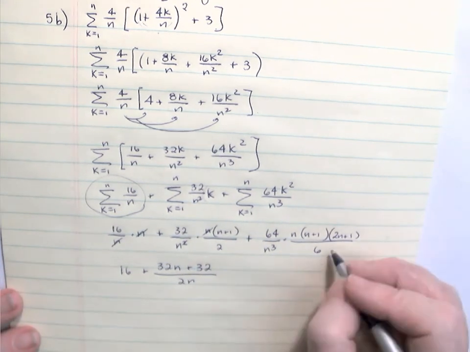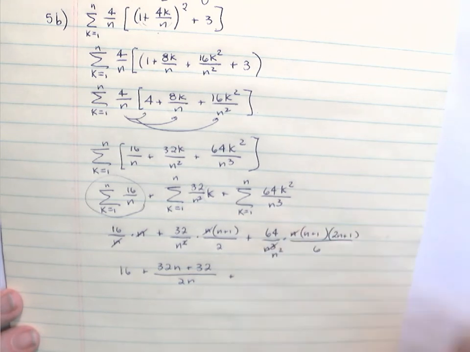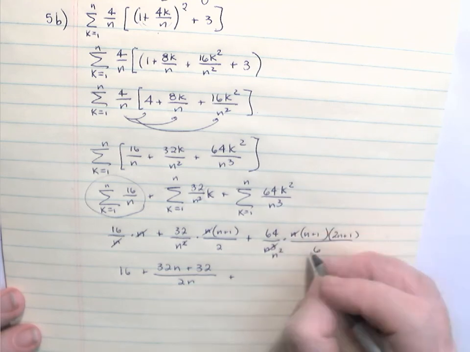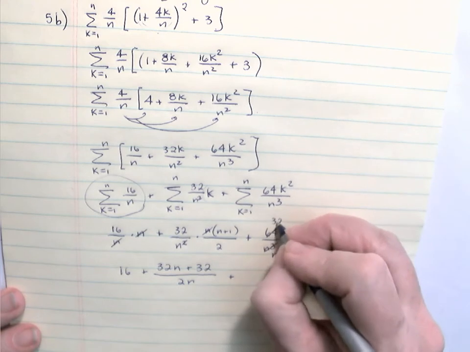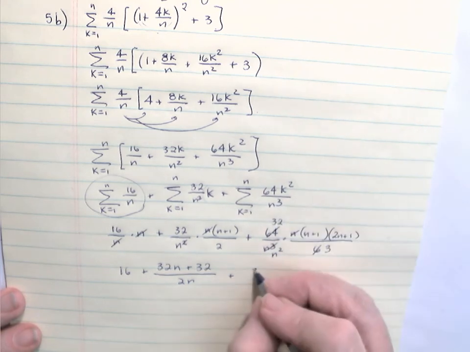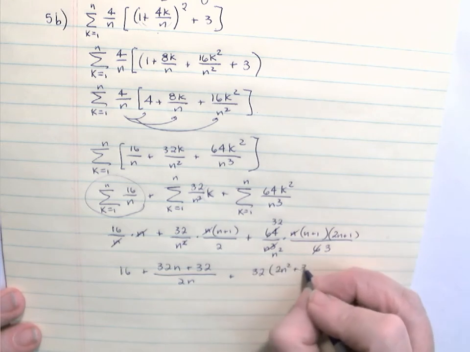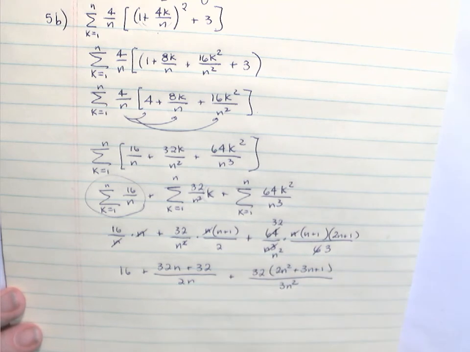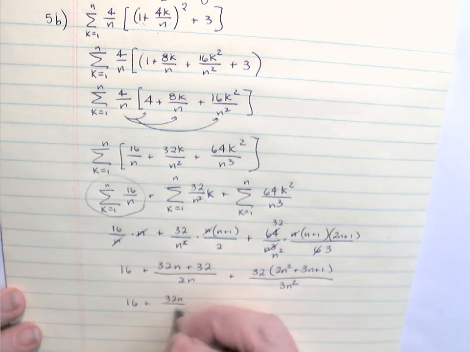For the last set of fractions, I can again cancel an n. That's going to give us n squared. I might as well cancel 6 into 64. I'd like to have smaller numbers, 3 and 32. And now I know I'm going to have 32 times, I'll FOIL this out, 2n squared plus 3n plus 1. The whole thing is over 3n squared, and I'm going to break this up as much as I can. 32n over 2n plus 32 over 2n.